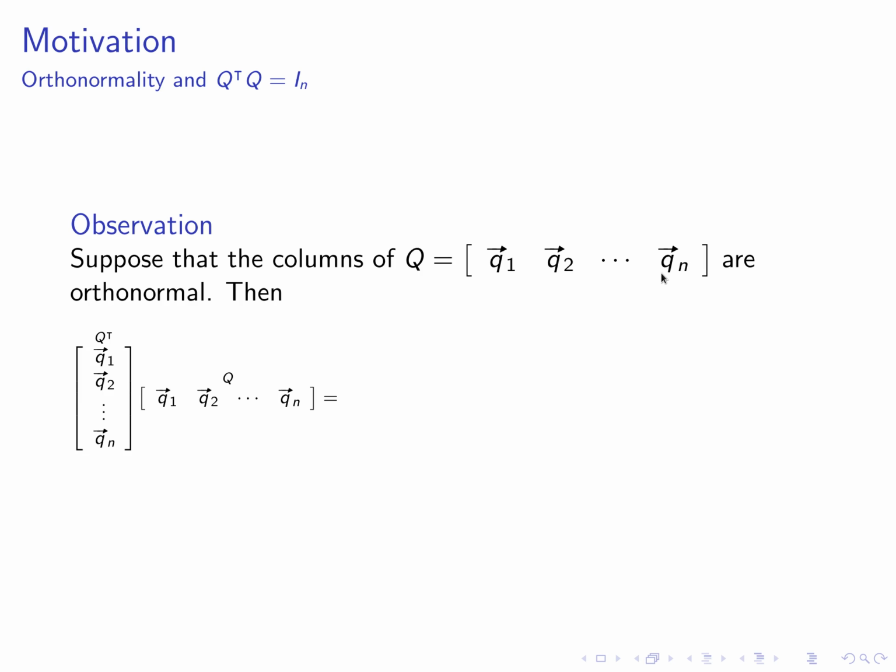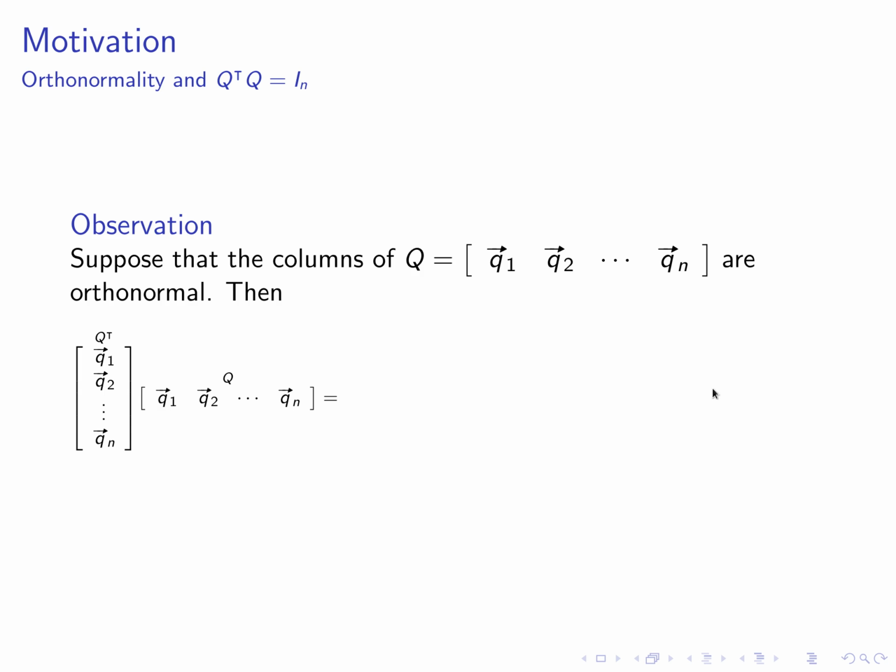Let's now look at the Gramian of this matrix. If I transpose the matrix, the new rows are the original columns, so Q1, Q2 up to Qn are the rows of Q transpose. And then when I multiply by Q, I'm multiplying by the matrix whose columns are Q1, Q2 up to Qn. What is this product equal to?